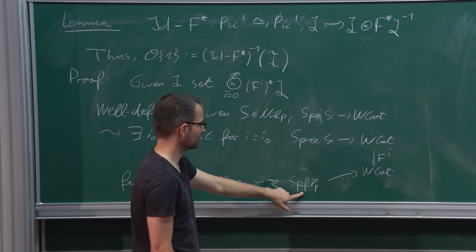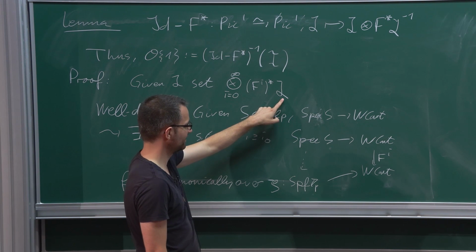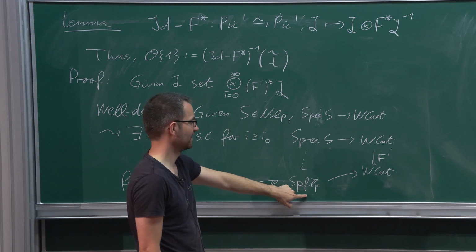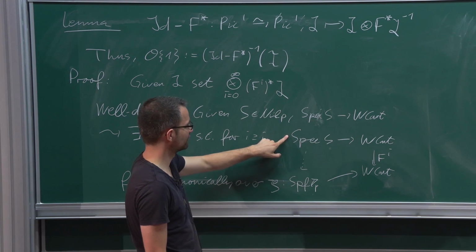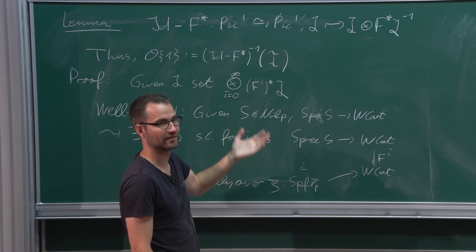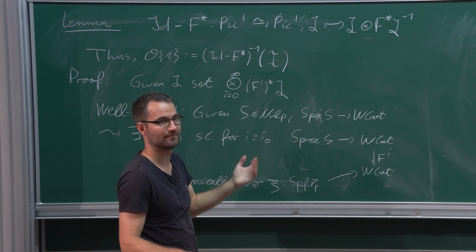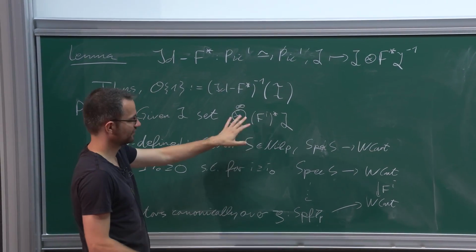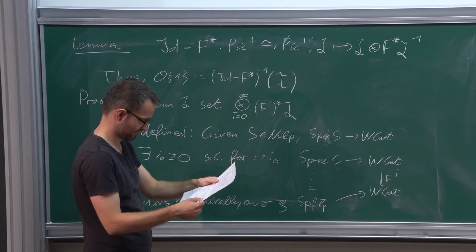But then, by definition, this L has a given trivialization here, and so the line bundle is canonically trivial for i sufficiently large. And so therefore it's just a finite tensor product. Okay. And of course, this construction is natural in S.